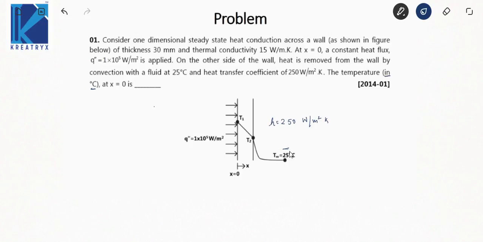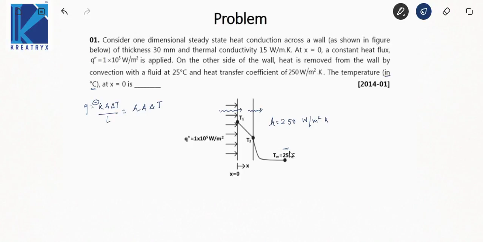So let's begin. We know that heat transfer rate through conduction is equal to kA delta T by L. We have the minus sign here, but I'll adjust it with delta T automatically. And the heat transfer rate by convection is equal to hA delta T. So this flux which is going through the wall will be equal to the flux that will be going to the surroundings.